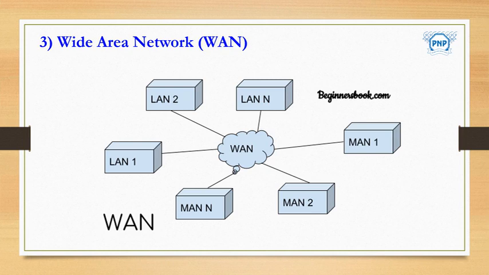WANs are vital to the working of the modern world. The internet is the world's largest WAN, where millions of people across the world stay connected through their computers. As we know, we can stay connected, like we use Facebook. On Facebook there are many people, many friends.